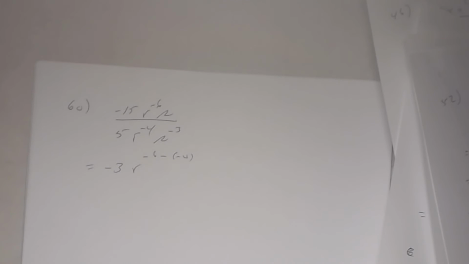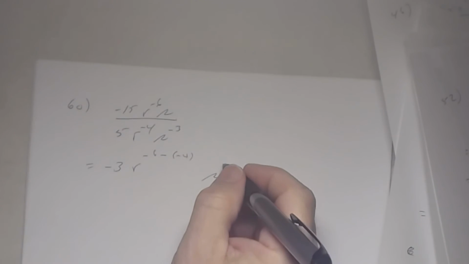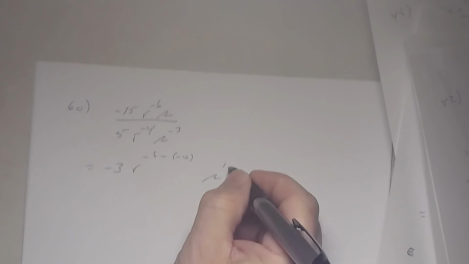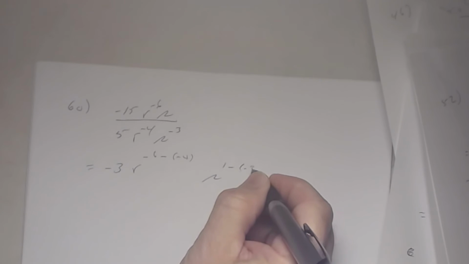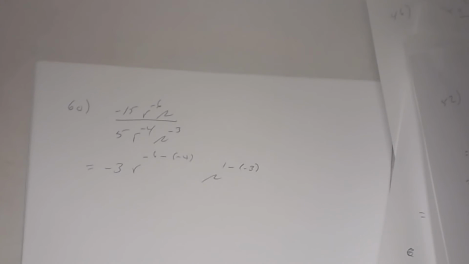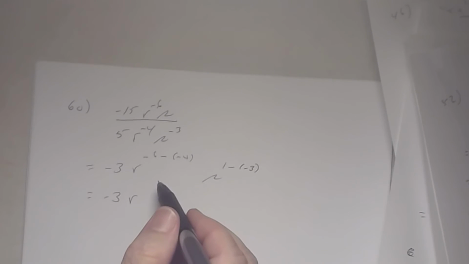Top exponent, subtract bottom exponent. Times S to the, what's the top exponent? 1. Good. Minus a what? Not 3. Negative 3. All right. So I have negative 3 times R to the, what's the exponent going to be? Negative 2.